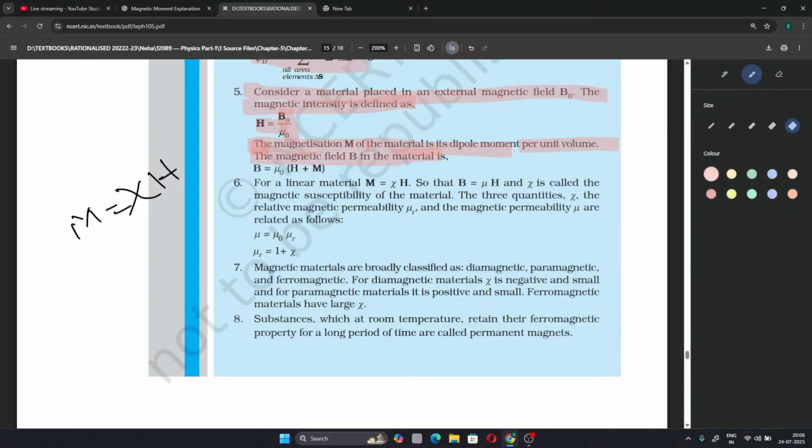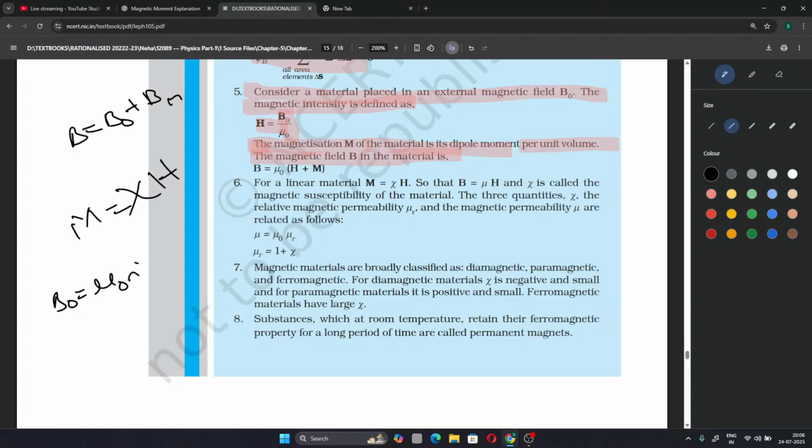The magnetic field B in the material, the total magnetic field, is B equals B naught plus B due to the core, which we will calculate. B naught is equal to mu naught N i, and B m is equal to m times mu naught.